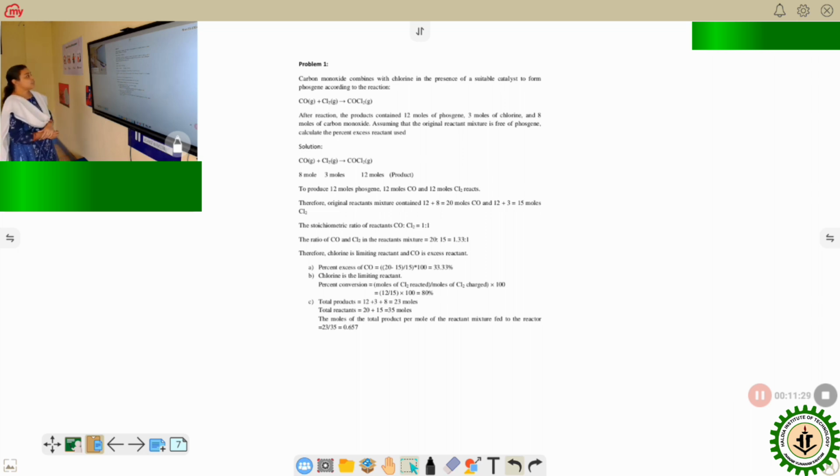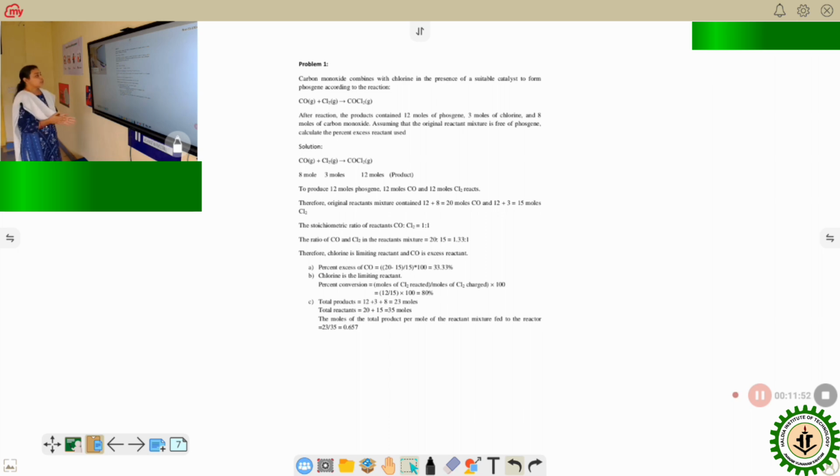So your stoichiometric equation is CO plus Cl2 gives COCl2, phosgene. And now your product mixture is given: it contains 12 moles phosgene, 3 moles chlorine and 8 moles carbon monoxide.